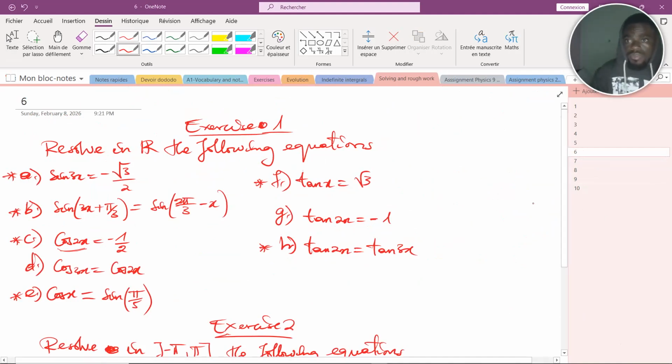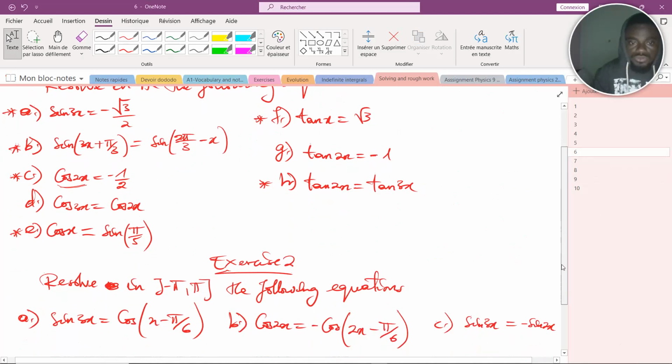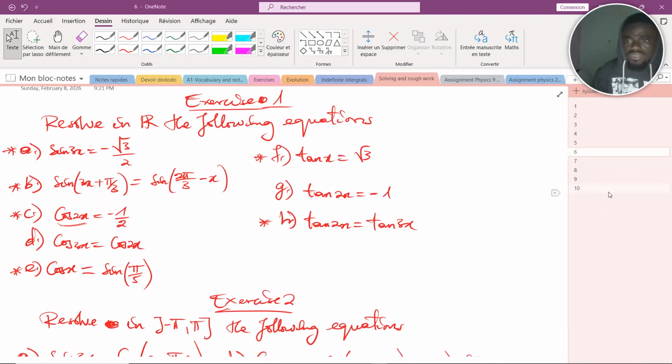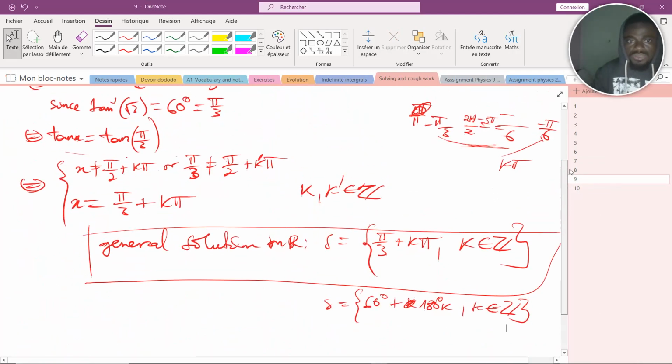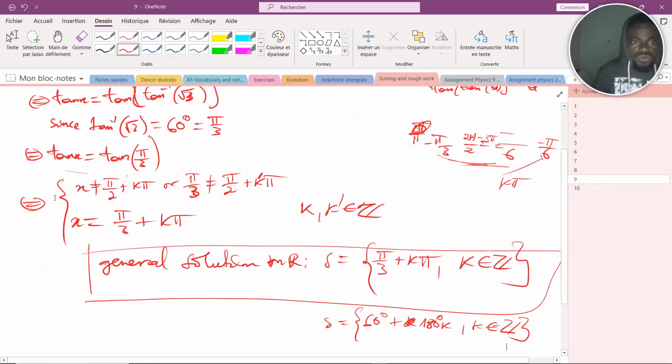Okay, let's continue. I wanted to mention something here on the conditions. You call this k prime. Yes, you call this k prime too. Yes, you're going to call this k prime. X must not be equal to pi on 2 plus k prime pi, or pi on 3.